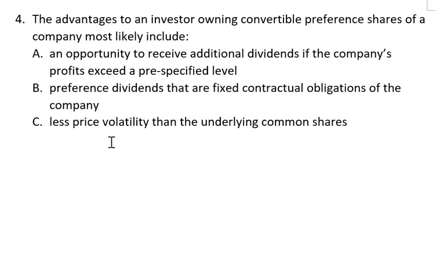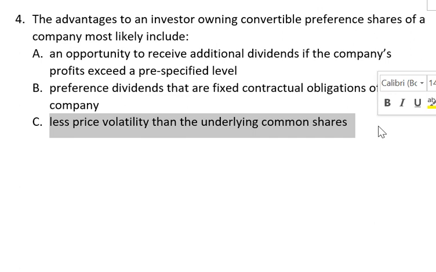C. Less price volatility than the underlying common shares. Convertible preference shares tend to exhibit less price volatility than the underlying common shares because the dividend payments are known and more stable. The answer is C.